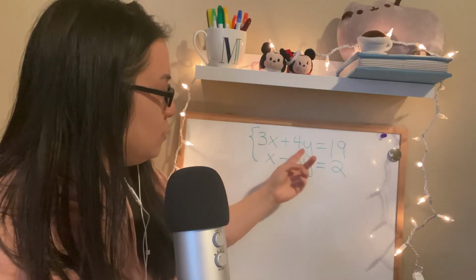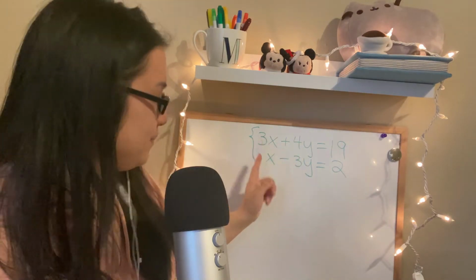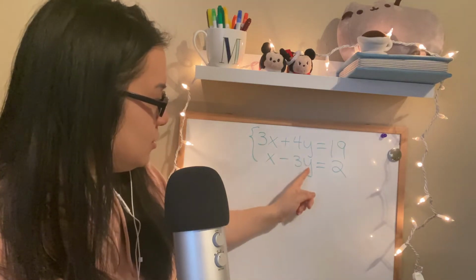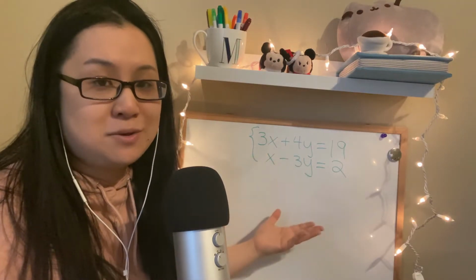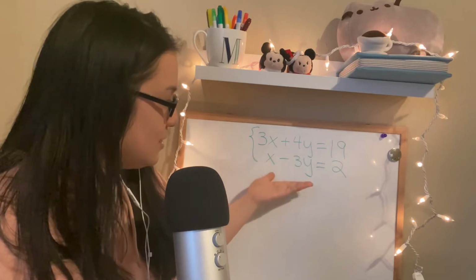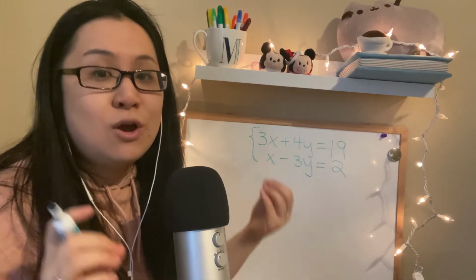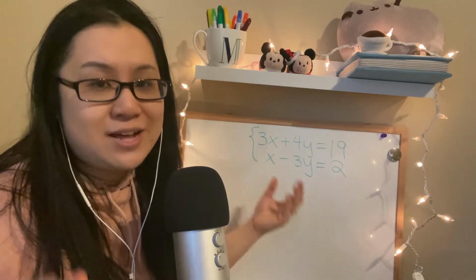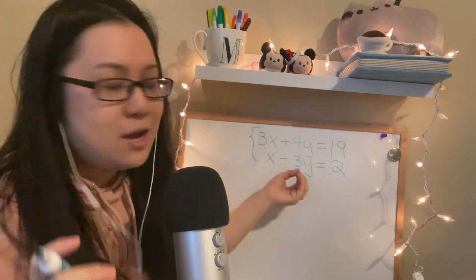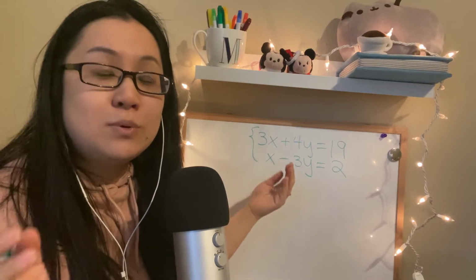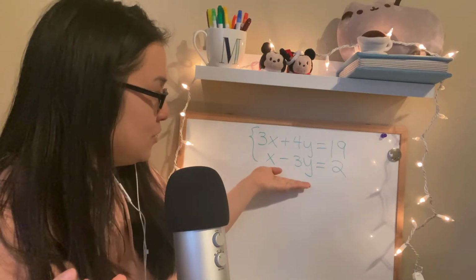So two variables, x and y are our variables. In this case, they are basically placeholders for unknown values. So x has a value and y has a value, but we don't know what they are. And that's what we're looking for.